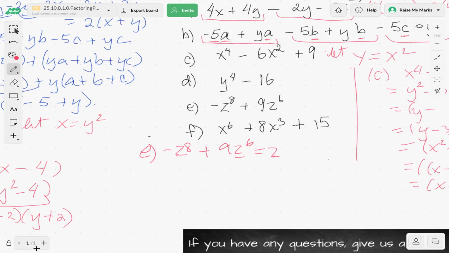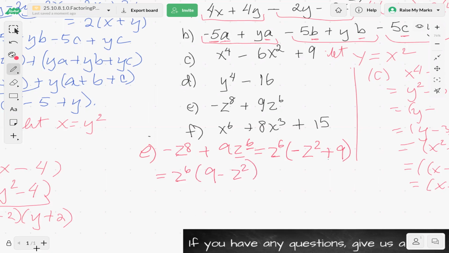What exponent of z? What's the smallest exponent? It's 6, so probably z to the 6 will factor out. If we do that, what are we left with? We're left with negative z squared plus 9. All right, so let's rearrange the terms in the bracket to 9 minus z squared.